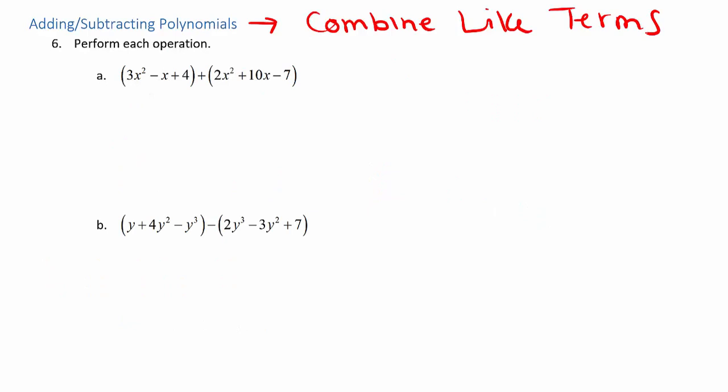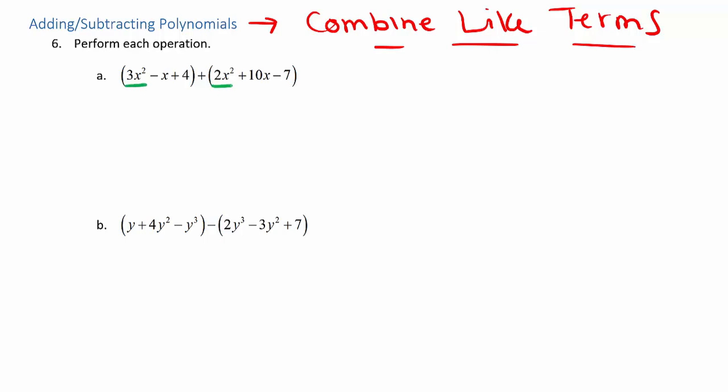Adding and subtracting polynomials is actually something we've done before, we just haven't used this vocabulary. If you want to add or subtract polynomials, you can only combine like terms. And that's something we learned about at the beginning of the semester. To combine like terms, we need to have the same exponent, and we just add the coefficients.